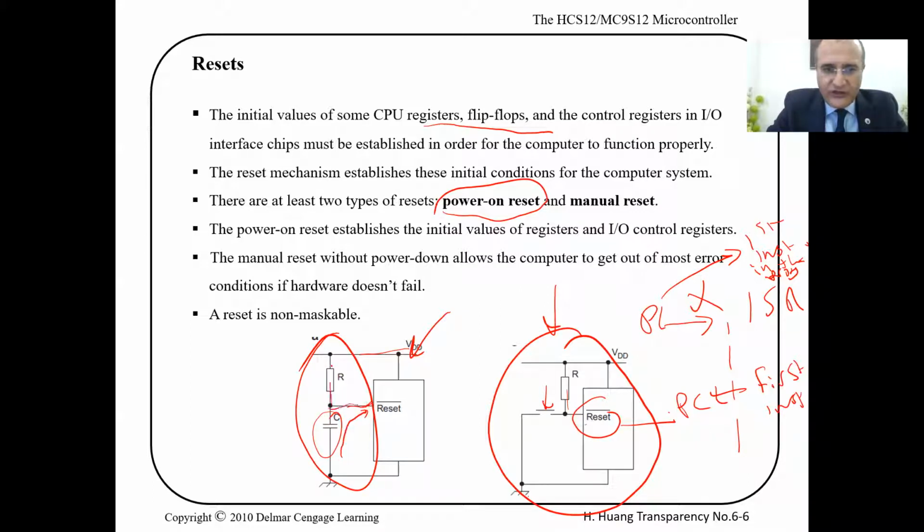Until you get to a high level, the reset goes away and the program counter starts moving. While the reset is low, the program counter is stuck at the first program instruction. Okay, a reset is non-maskable, which means there is no way to avoid it if it happens.